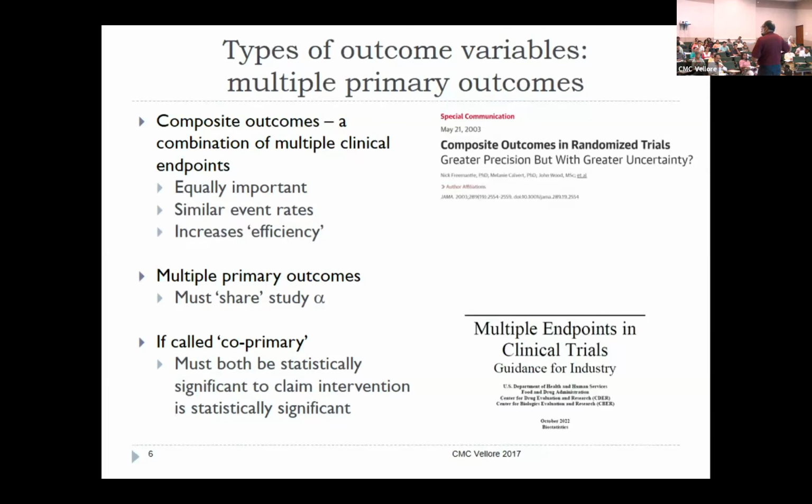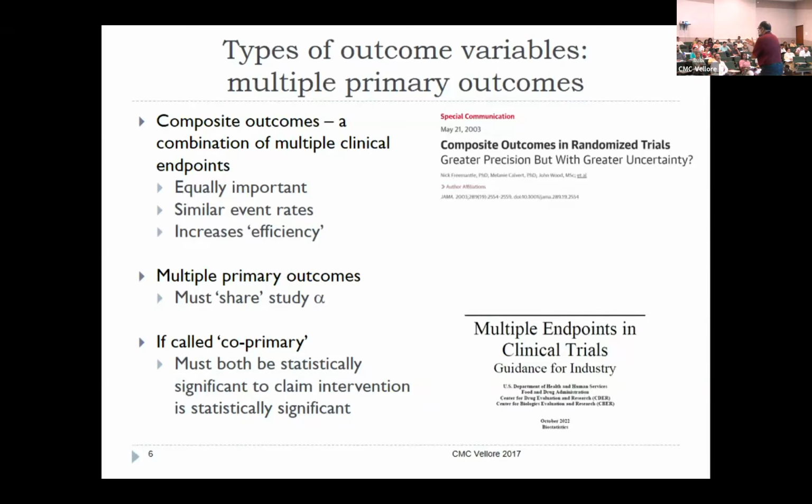Why? Because the US FDA says at the end of the day, you want to say my intervention is efficacious. It works. It's better. And it was based on the primary outcome or on one of the outcomes. So you say, oh, I have multiple outcomes.